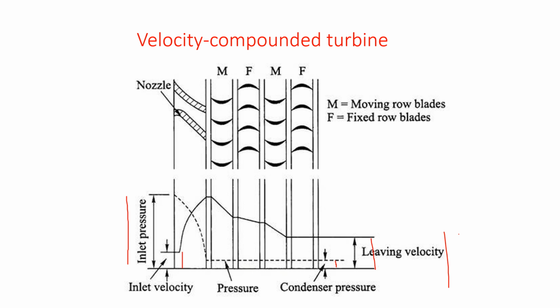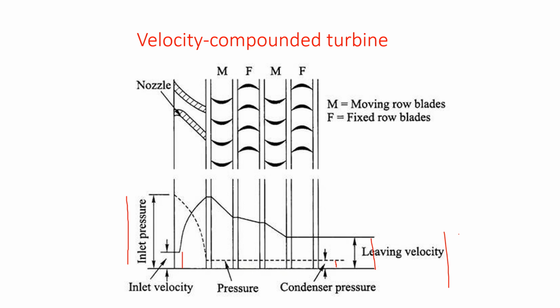You see, from the nozzle, the steam impinges on the moving blade and it glides over the fixed blade. There it drops some velocity, and pressure is maintained constant between two rows. And again the velocity is reduced, and over the fixed blade the velocity is almost constant, and the leaving velocity is this much. In the case of pressure, it has a constant pressure line.